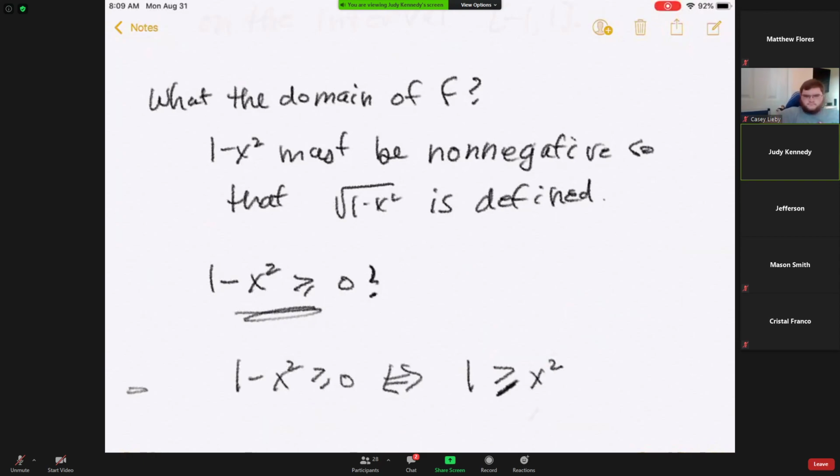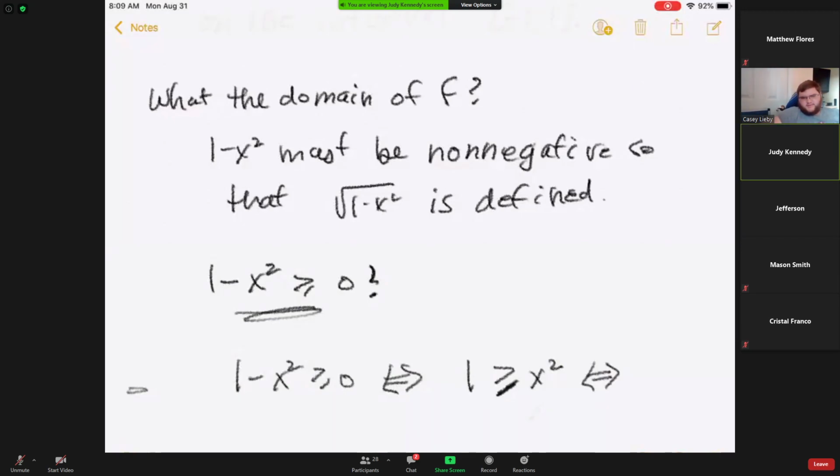But then what does that say? When is x squared less than or equal to 1?